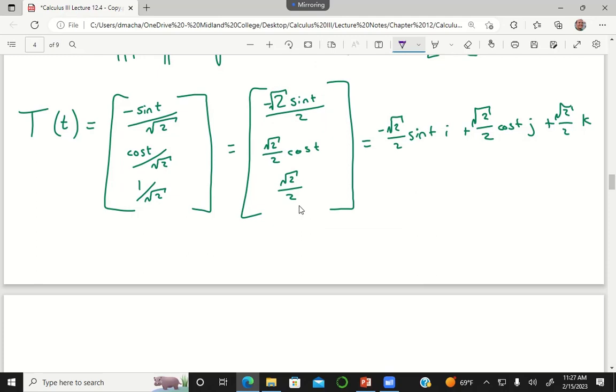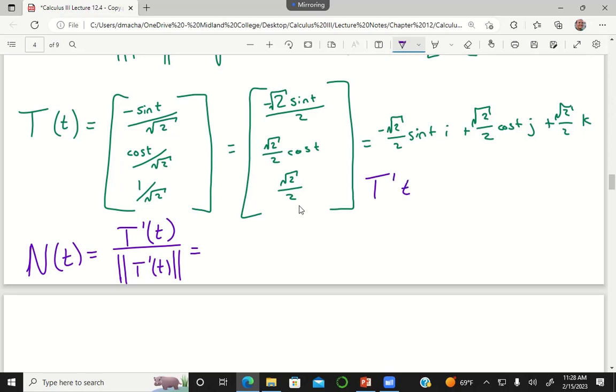Now, if I want to get the principal unit normal vector, capital N, that's going to be capital T prime of t over the norm of capital T prime of t. So T prime of t is what I get if I take the derivative of everything. The derivative of sine is cosine, so the first component is negative root 2 over 2 cosine t.